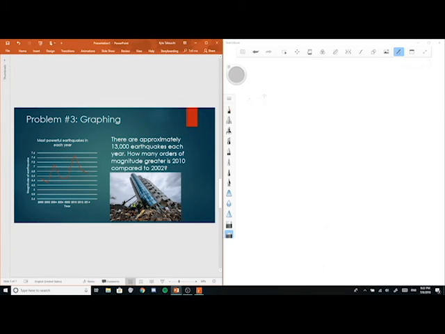So we will write 6.3. And the Richter value, or the magnitude, from the earthquake from 2010 is roughly 7.5.